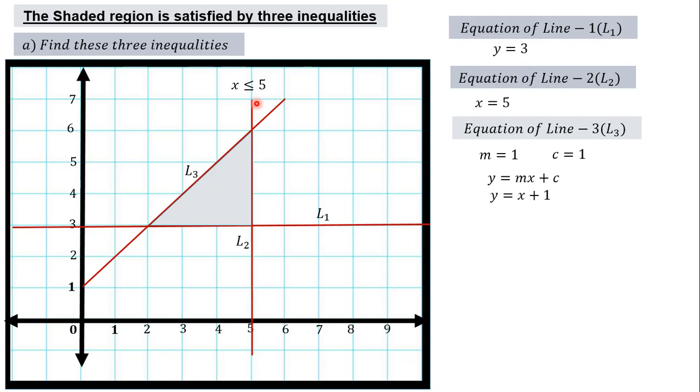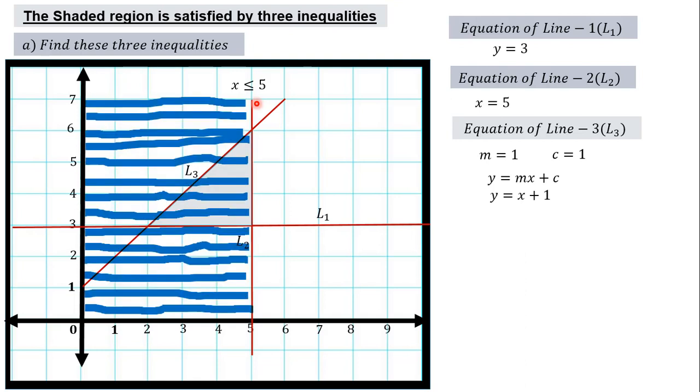If I take the values of x that are less than or equal to 5, I will get the whole of this region. If you consider any point inside this shaded region that I have shaded in blue for you, you will see that every point has an x coordinate that is less than or at most equal to 5.